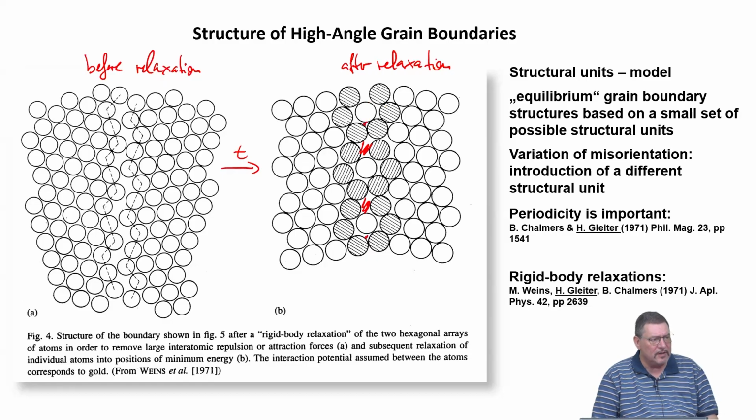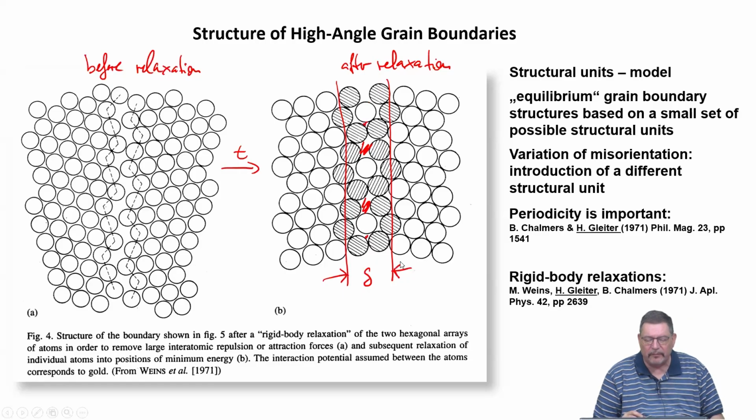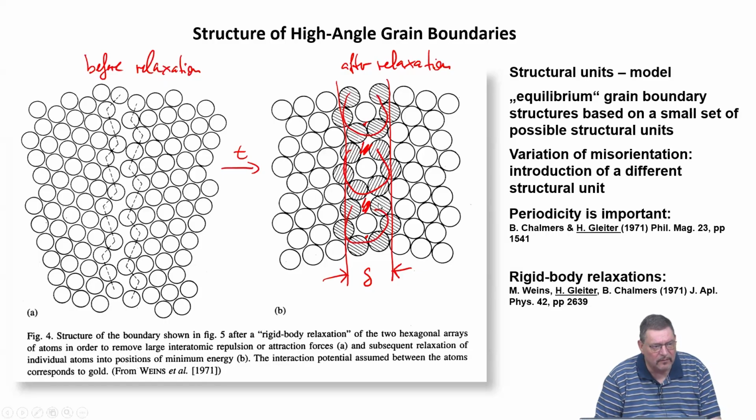But overall, it's reduced. You also see why the width of the boundary as having roughly 2 interatomic distances is rather correct, because you can fit this structural unit nicely into this effective thickness.